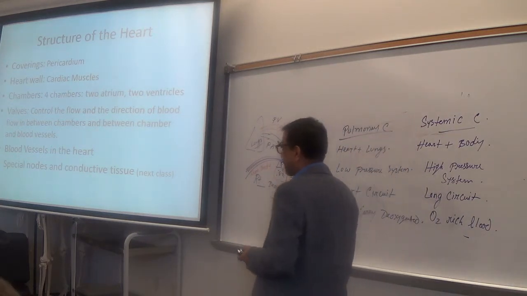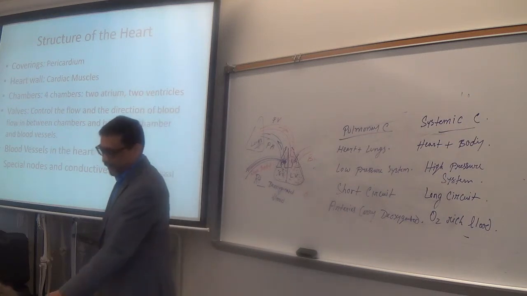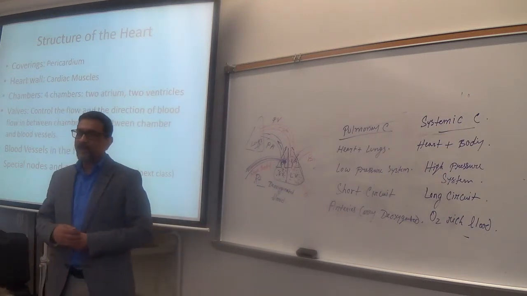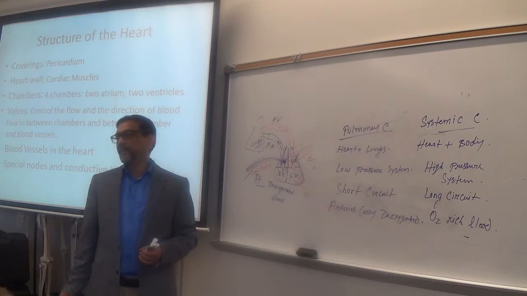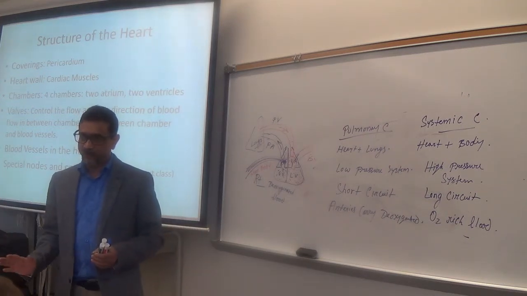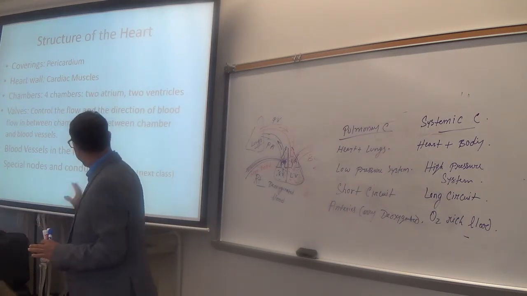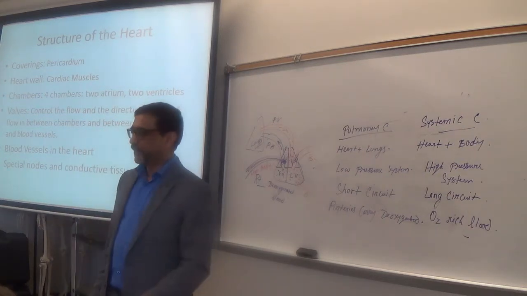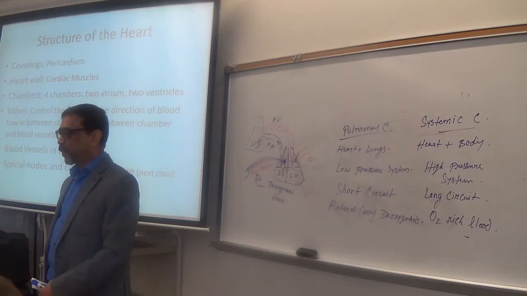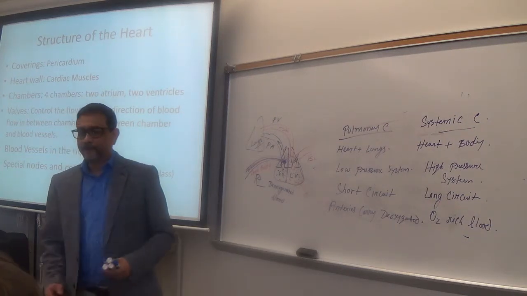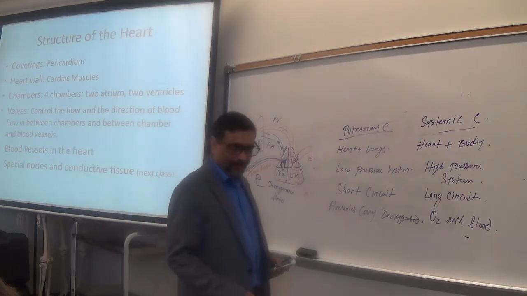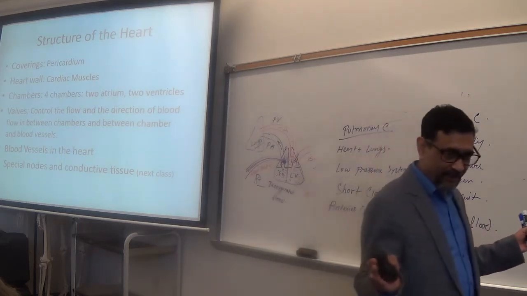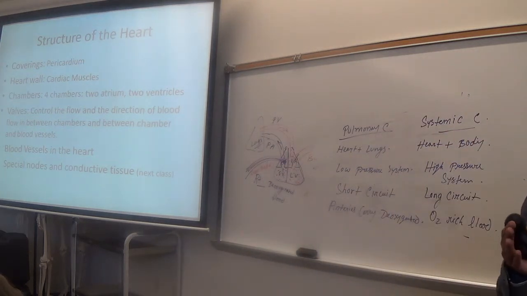You have valves, and valves control the amount and direction of blood flow. Just write that down. The amount and the direction. It's like a one-way door. You can get out, but you cannot get in.